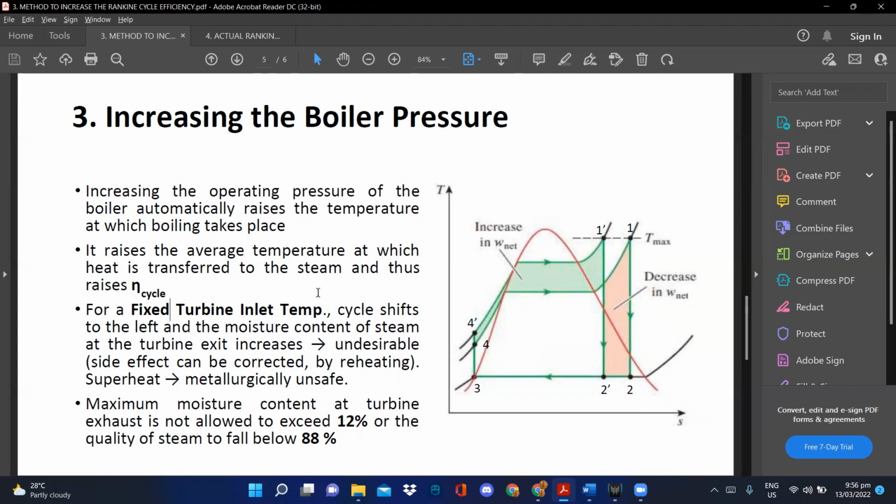Maximum moisture content at the turbine exhaust is not allowed to exceed 12%, or the quality of steam to fall below 88%. So why? Bakit daw kailangan natin that the moisture content at the turbine exhaust is not allowed to exceed 12%? Because kung magiging mas basa pa yung ipapasok mo na steam sa turbine, it may cause hammering. And that hammering is a phenomenon wherein nagkakaroon ng water yung high pressured mo.